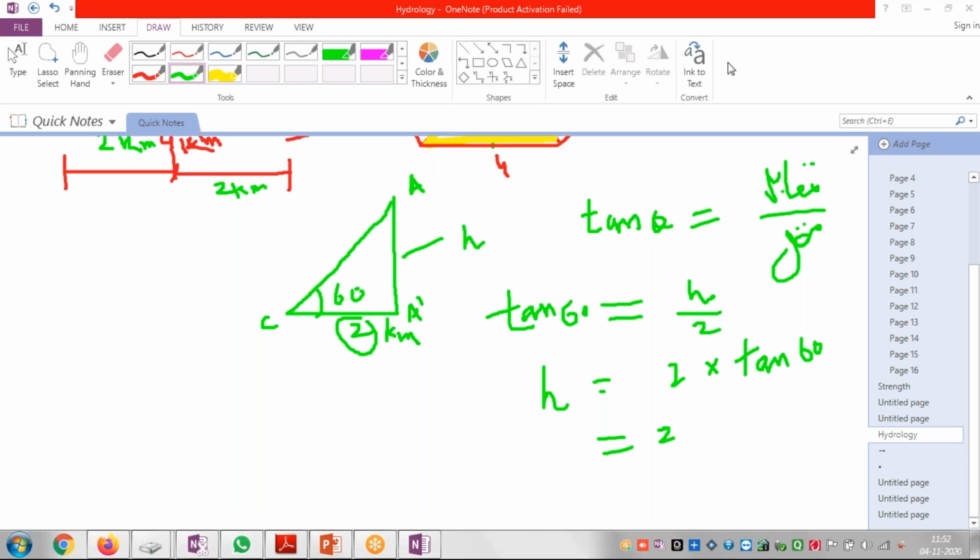Tan 60 multiplied by 2 is 3.46, so here we will get 3.464.